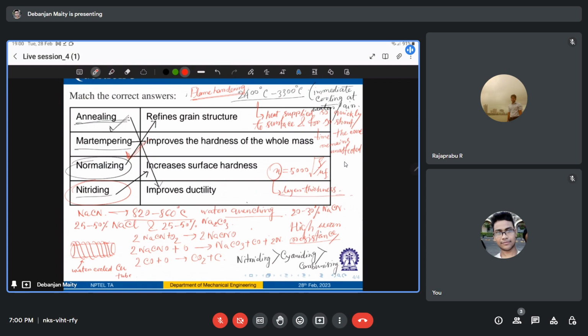Correct. What is f? f is frequency. And then mu is magnetic permeability, and then rho is the electrical resistivity of the metal.